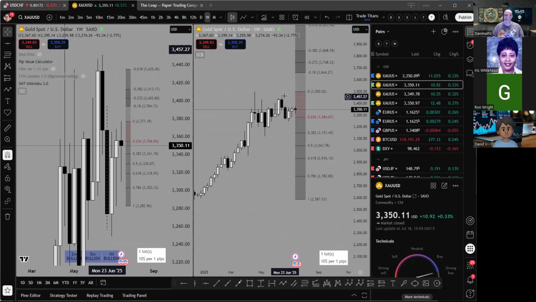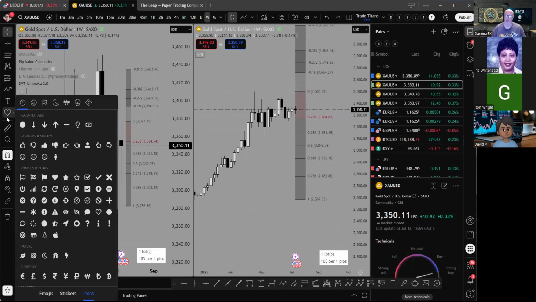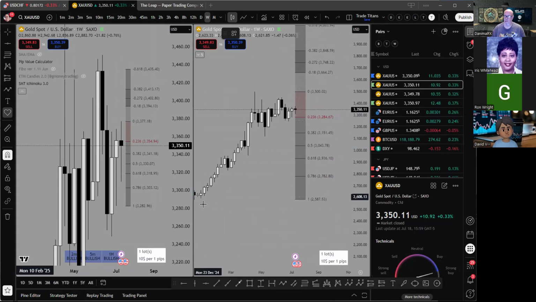So you can look at anywhere from a low to high. You can look at this as your low. We can look at this as our low, this as a low, this as a low.